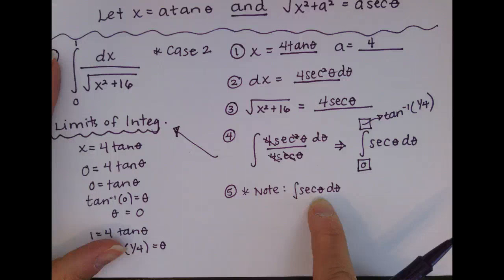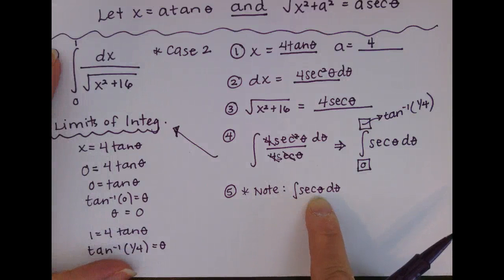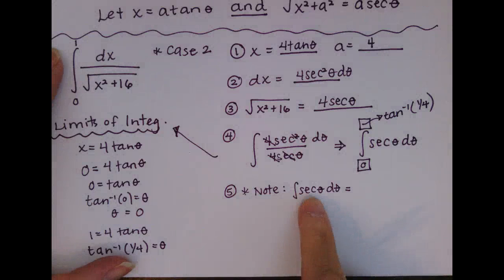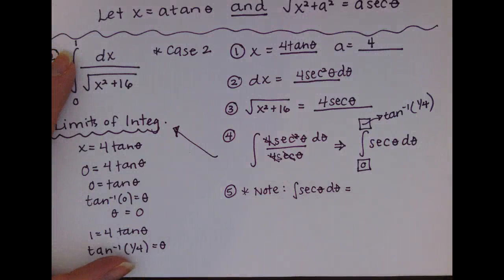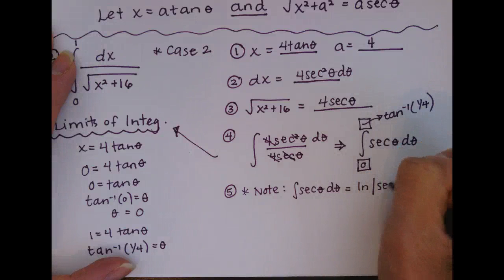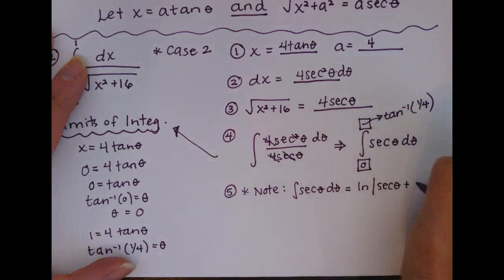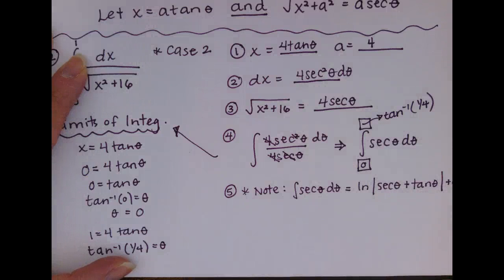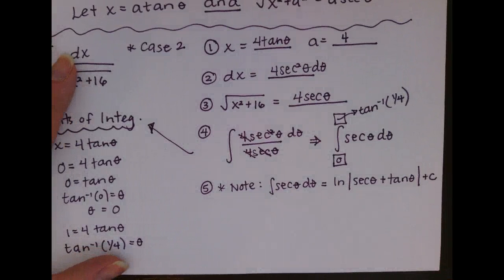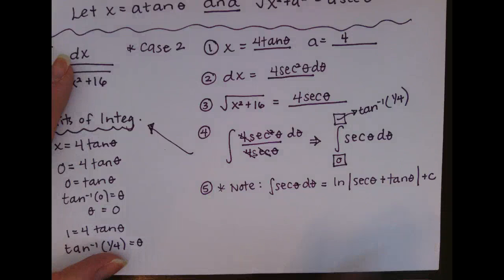But there is a formula that the book provides that tells you exactly what the antiderivative of secant theta is. And it is the natural log of the absolute value of the secant of theta plus the tangent of theta, and then obviously plus c when we're talking about the general or indefinite form. So we are going to be using that here.